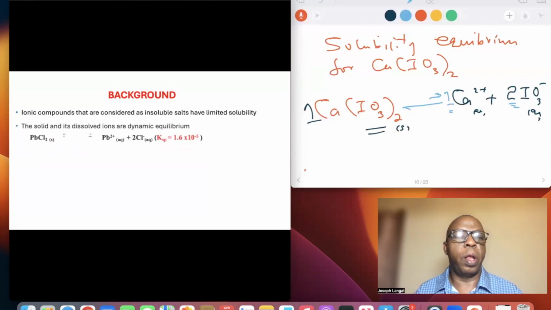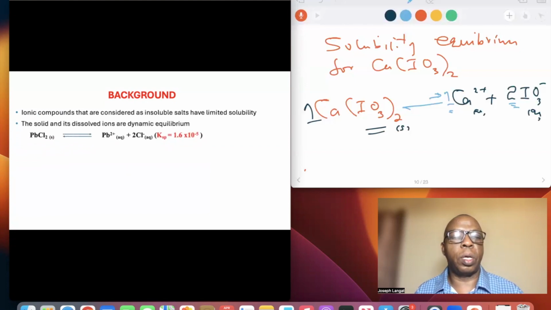An example is lead II iodide, which, even though it is insoluble, can dissolve into solution, and there is a dynamic equilibrium here between the solid and the dissolved ions in H2O. You read this as 1 mole of lead II iodide producing 1 mole of lead 2+ ion and 2 moles of iodide ion.